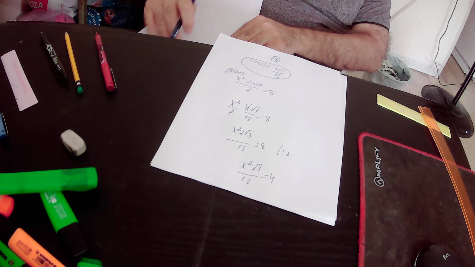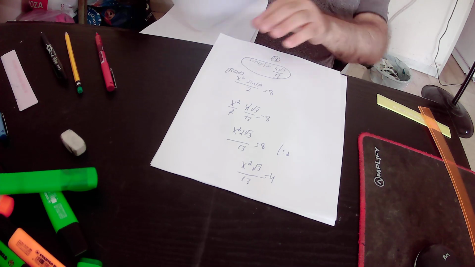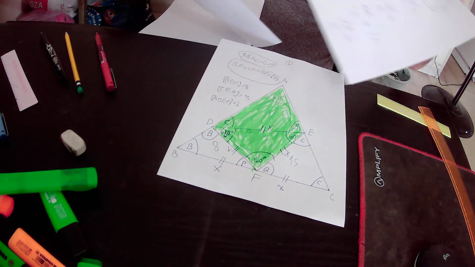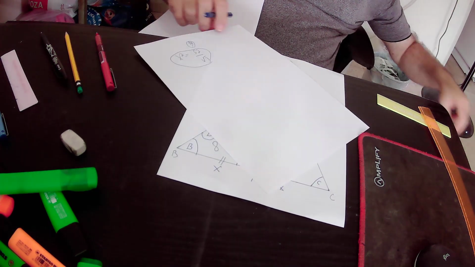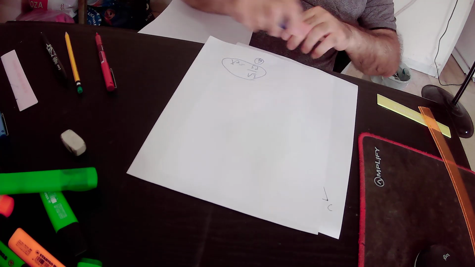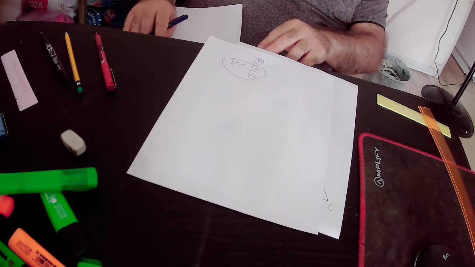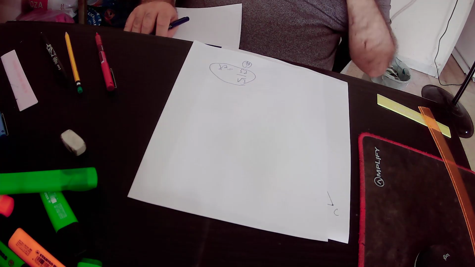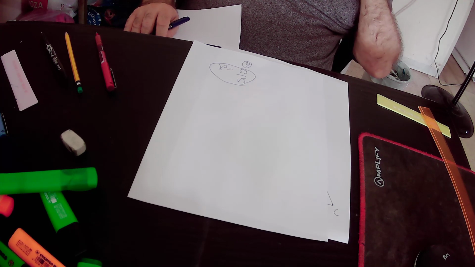So we got that x squared equals 52 over root 3.